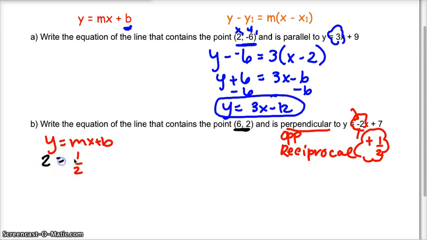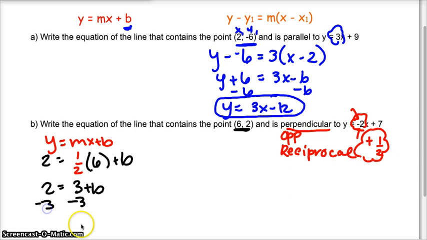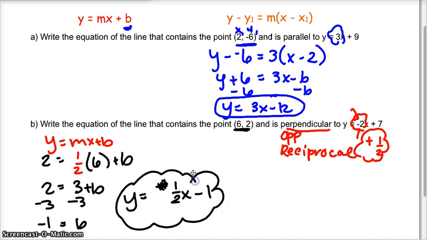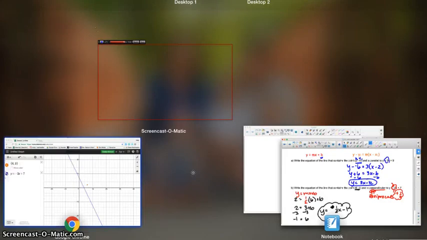So 2 equals, plug all that in, and from here we should be able to solve. 2 equals 3 plus b, so subtracting 3, b is equal to -1, so y equals a positive, and I guess you don't need to write the positive, 1/2 x minus 1. So let's just double check. Let me get back over to my grapher here.